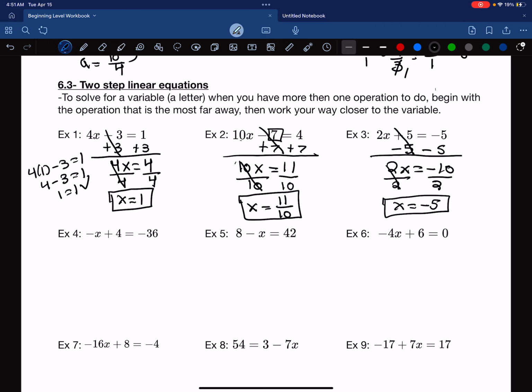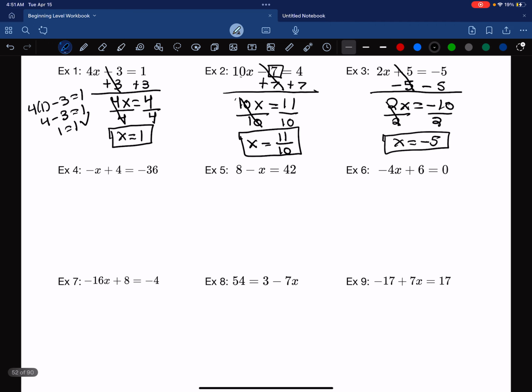And then looking at example 4, we have negative x plus 4 equals negative 36. So if we think about it, this negative x here, we can think about it as a negative 1 times x, because that's the same thing as negative x. So our first step would be to subtract 4 on both sides of the equation.